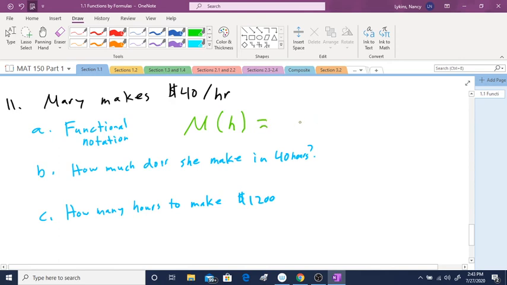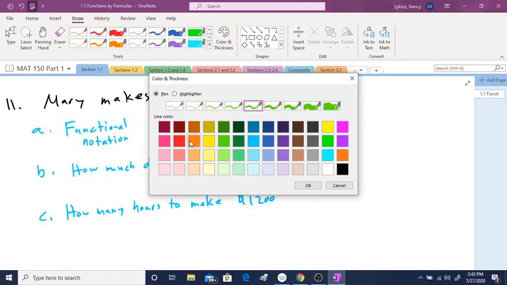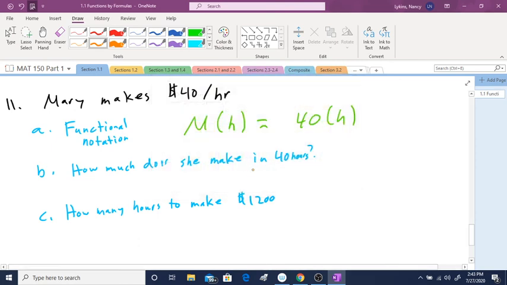So M of H equals, what would be a good formula for this? Think about a typical work week. We think of 40 hours. So I'm going to just do 40H. How much does she make in part B? How much does she make in 40 hours? Well, I'm going to say M of 40, because now that 40 means hours.